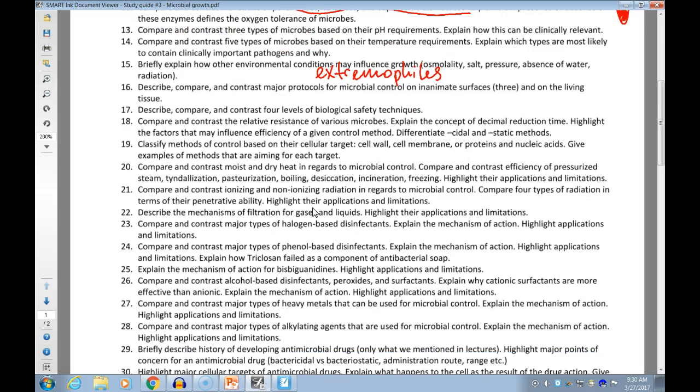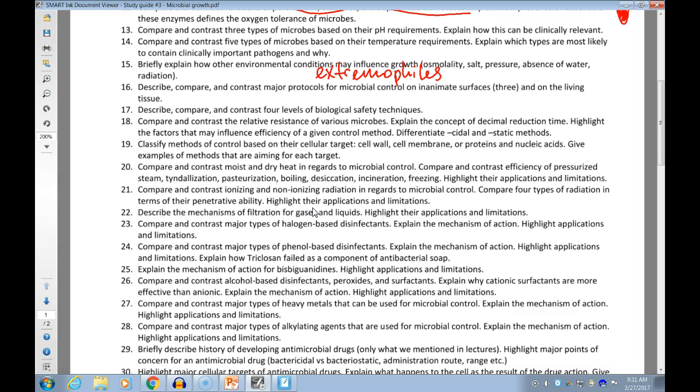Going further to control of microbes. Protocols for growth on inanimate surfaces: disinfection, sterilization, sanitization. Three protocols. Does that make sense? Understand the difference.